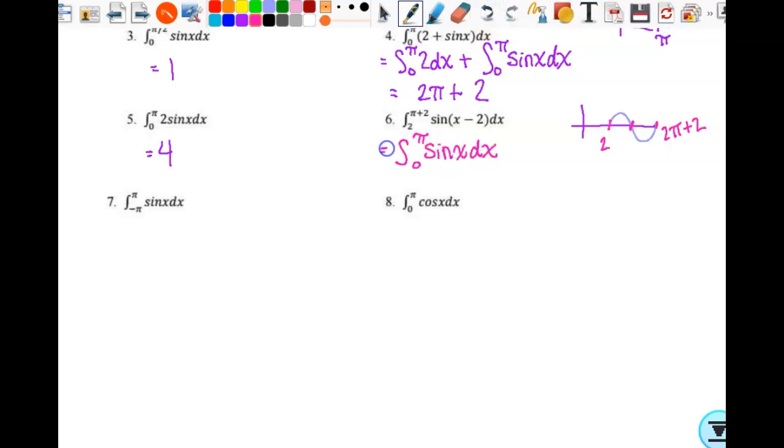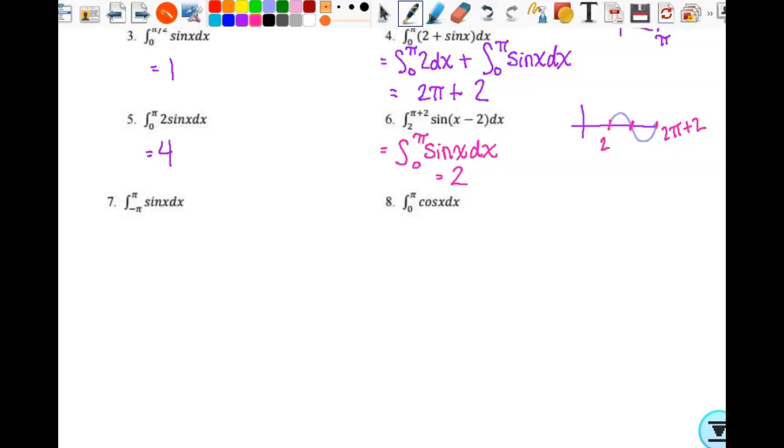You can kind of shift it back. So those are equivalent, whether you reason through it with translations graphically or this way. We move to the right, I want my limits of integration to move back to the left, so I subtract 2 from here and here. I end up with this, which is still just 2. We good with that?